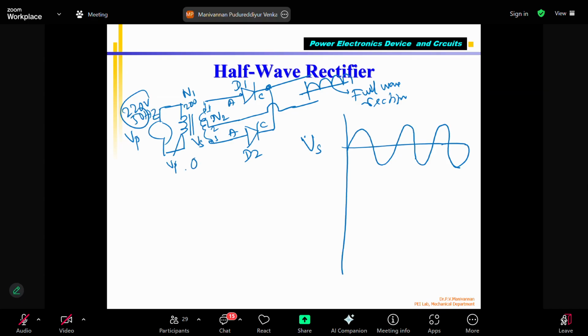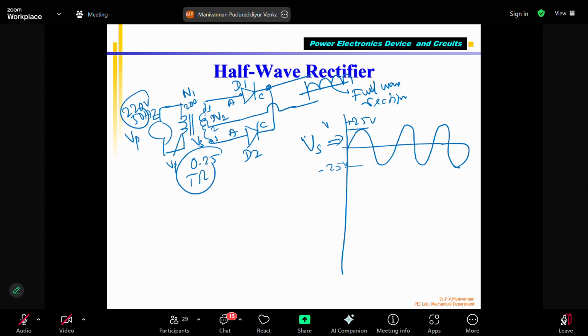And my transformer ratio is 0.25. TR equal to this. So this voltage will be on the positive side, we said 25 volts. This will be negative 25 volts. So it will vary. This is Vs.